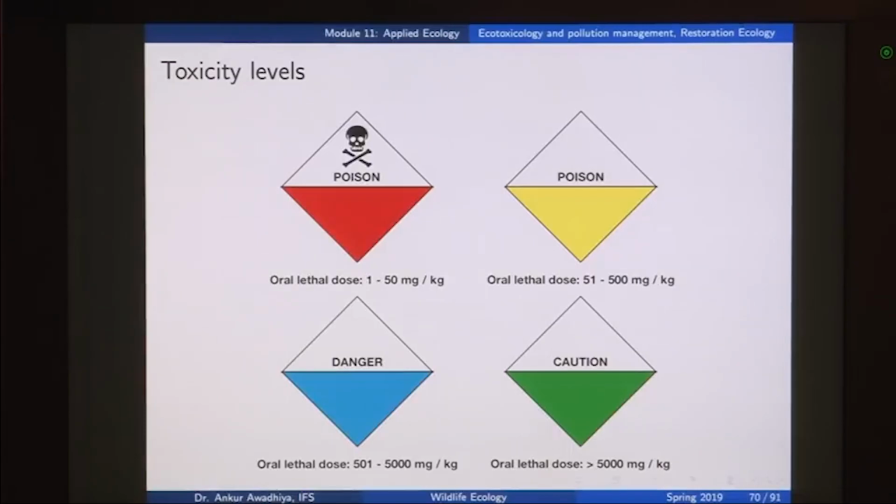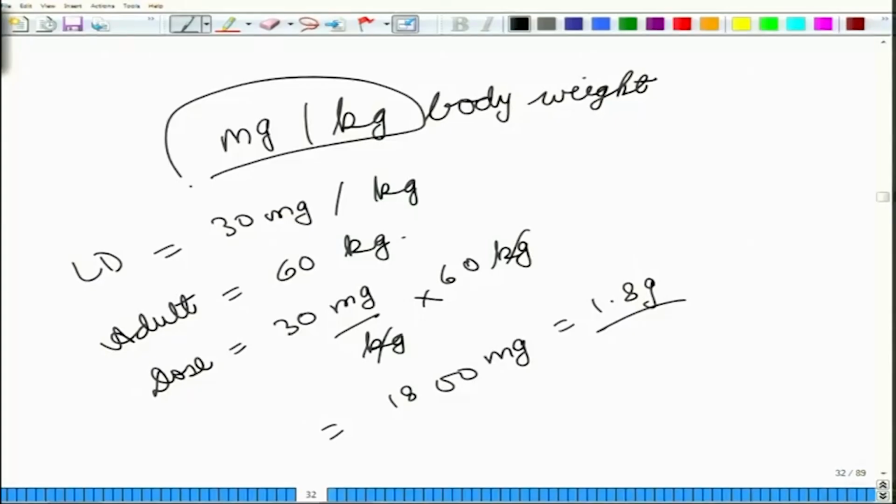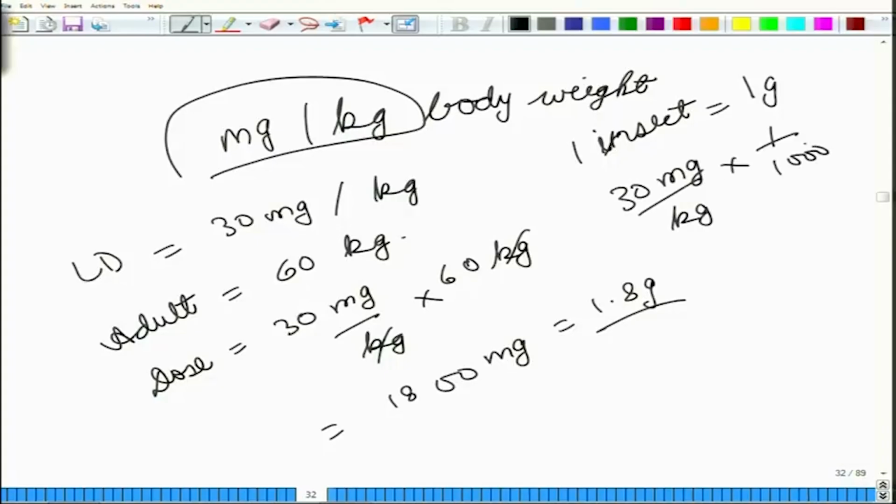For a number of chemicals, say insecticides, this dose is going to be very small because the body mass of these insects is also very small. So, when we are saying that you require say 30 milligrams per kg of body weight, say the weight of one insect is only say 1 gram. In that case you will require 30 milligrams per kg into 1 by 1000 kg.